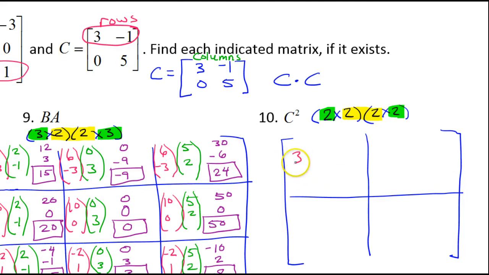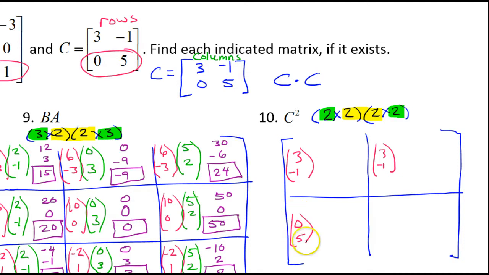So that's why I'm going to have a 3, negative 1 in both of these entries. Okay, now row 2 will appear in row 2. So 0, 5 will appear in all entries of row 2. So that's it for the rows.